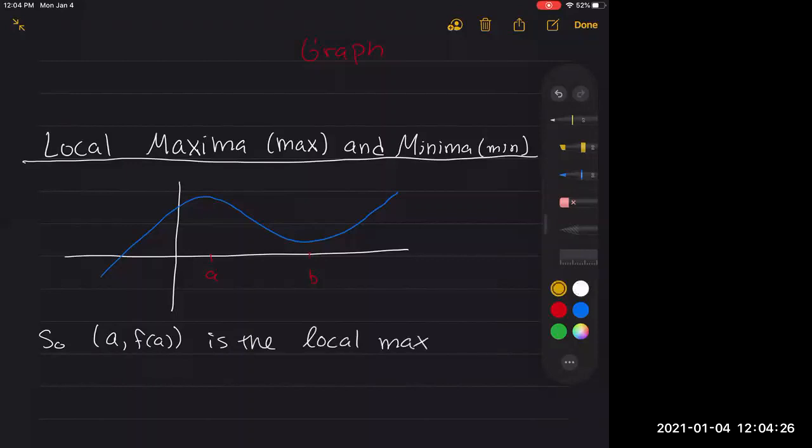because if we just look in a little rectangle around A, or f of A, and f of B, if we just look in this little rectangle, it's the largest point there. Same with B, and f of B is the local min.